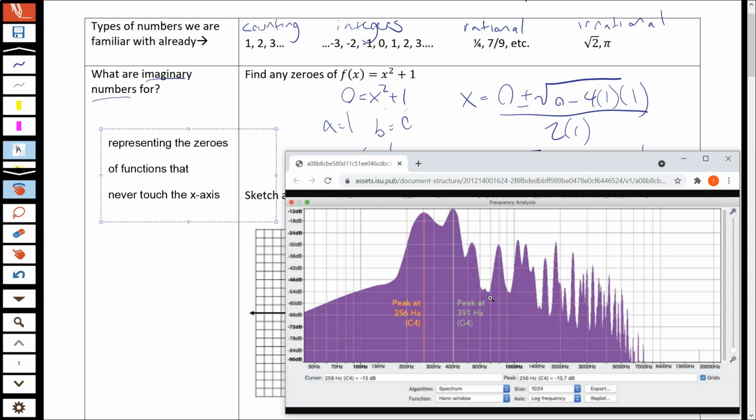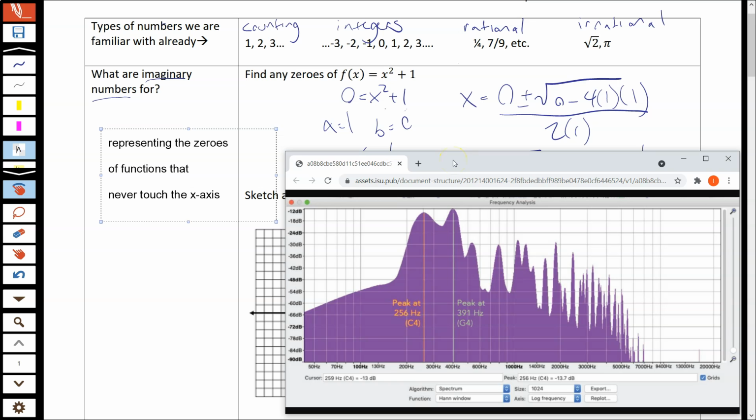Hundreds of years after these imaginary numbers were first introduced, somebody discovered that imaginary numbers were a really easy way to write down these functions in such a way that your computer can interpret them. So anytime your computer is dealing with sound, anytime you play even a song on YouTube, your computer is using imaginary numbers to unpack those sound files.